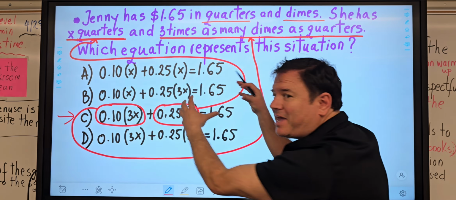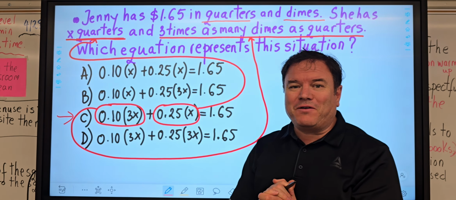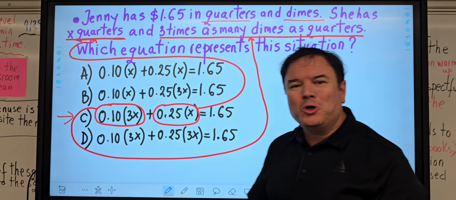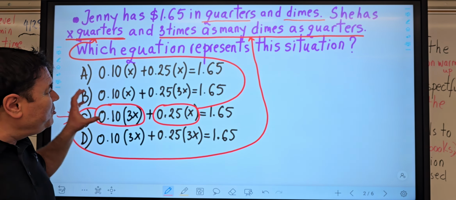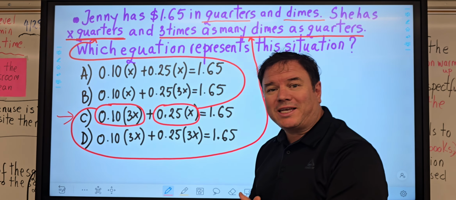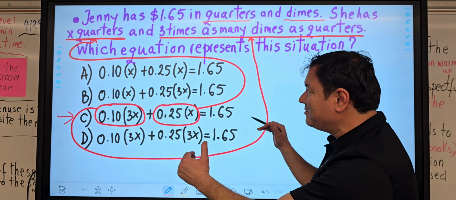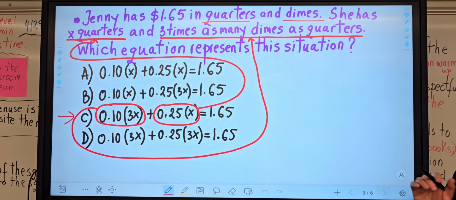And if we add them together, we get $1.65. Pay attention to this type of problem because you may encounter it on the test, and you need to know how to interpret the multiple choice answers and make sure you choose the one that makes sense. Okay? Let's take a look at another problem here.